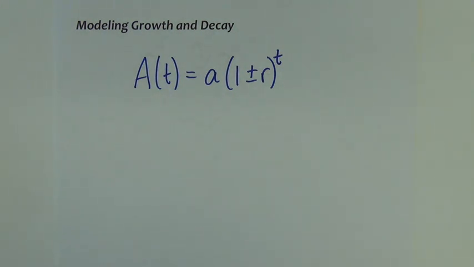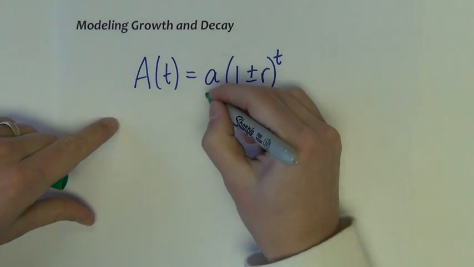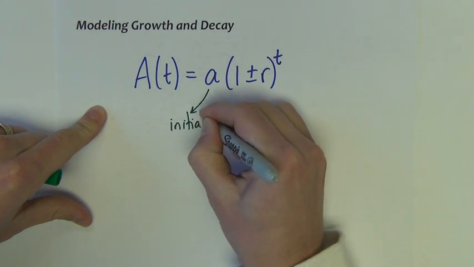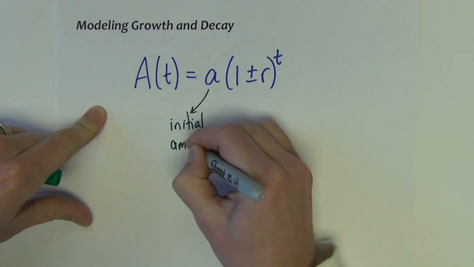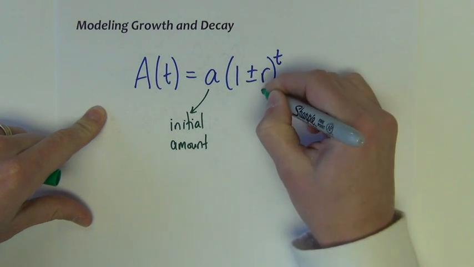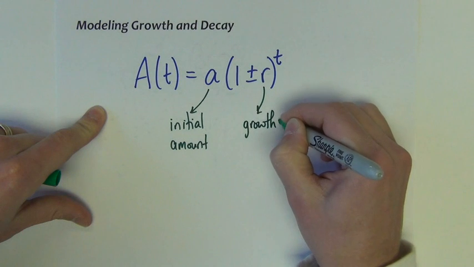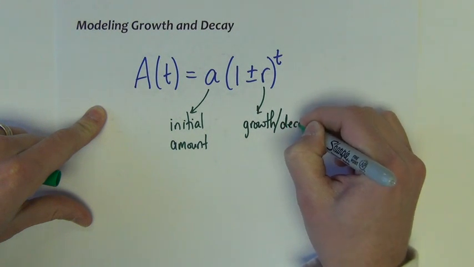Defining the variables, the little a is the initial amount, the r is the growth or decay rate.